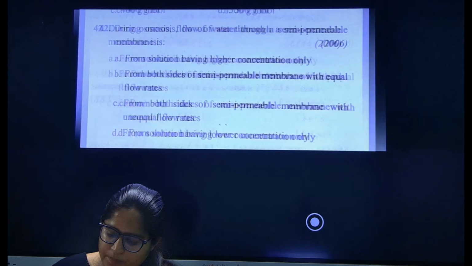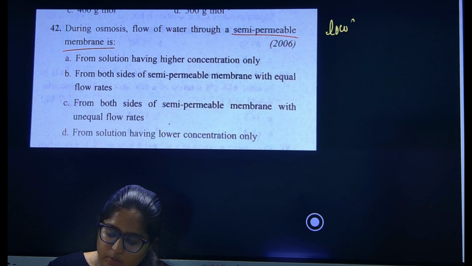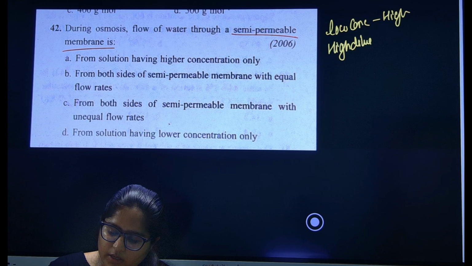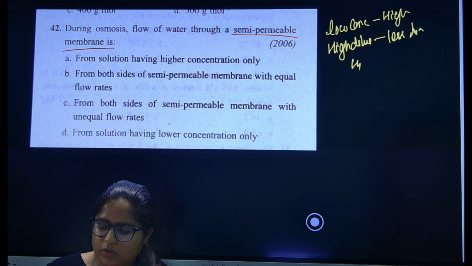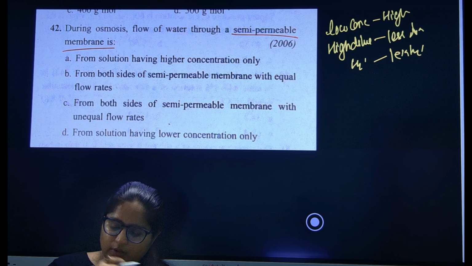Question number 42. During osmosis, flow of water through a semi-permeable membrane is from where to where? We know I have taught you 5 definitions. From low concentration to high concentration, or from more dilute to less dilute. More dilute means more water to less water, because we know water only moves from higher to lower concentration.